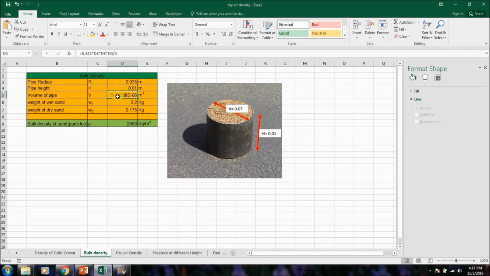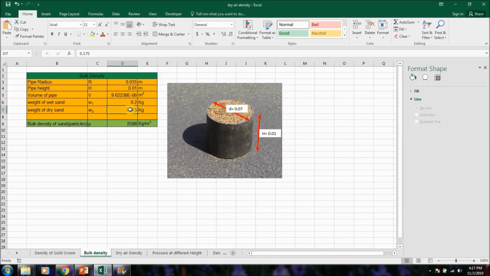Now we will measure the weight of the wet sand. So this is maybe the wet sand. We measure its weight on the weighing machine, and we dry it in the sun or in an oven or some instrument. After drying, we measure the weight of the dry sand.